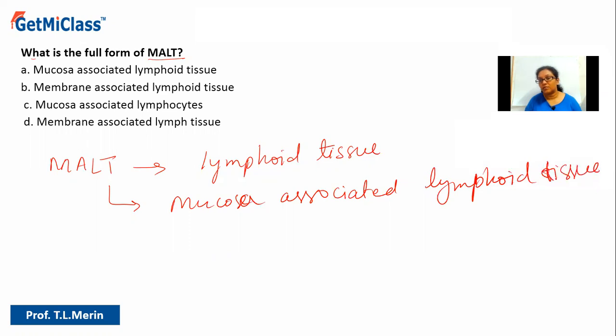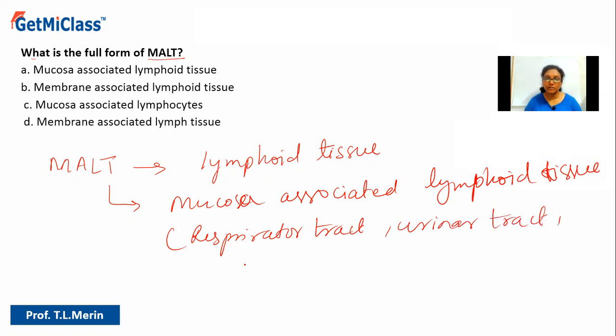Now, if you have to talk about mucosa-associated tissues, you can talk about the respiratory tract, urinary tract, and then what else? Even the intestinal tract.